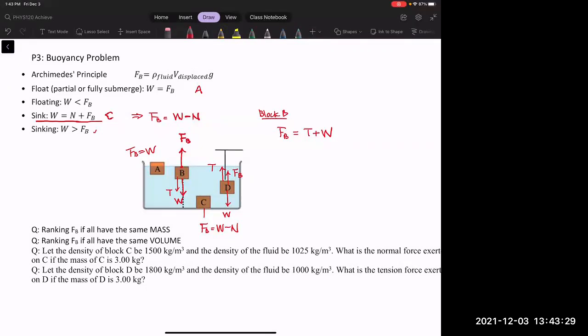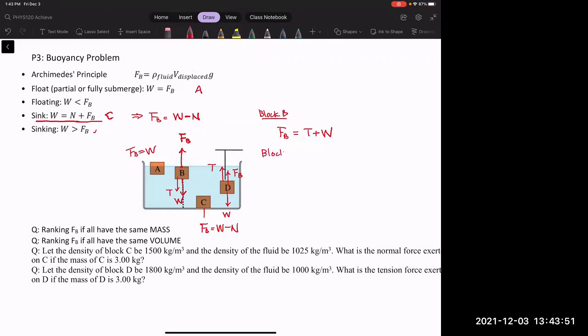Yes, because the buoyancy force for B is the weight plus the tension. So the buoyancy force is actually larger. So B is going to be greater than A.